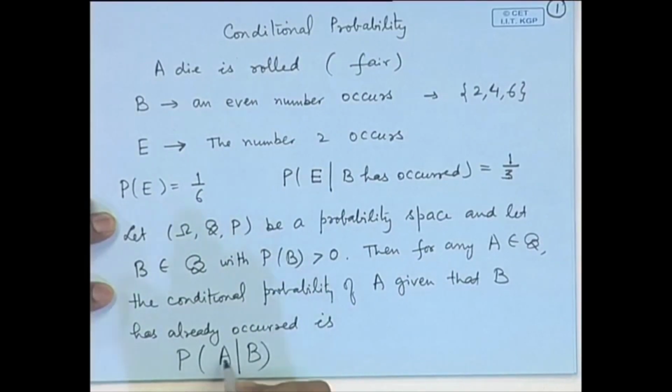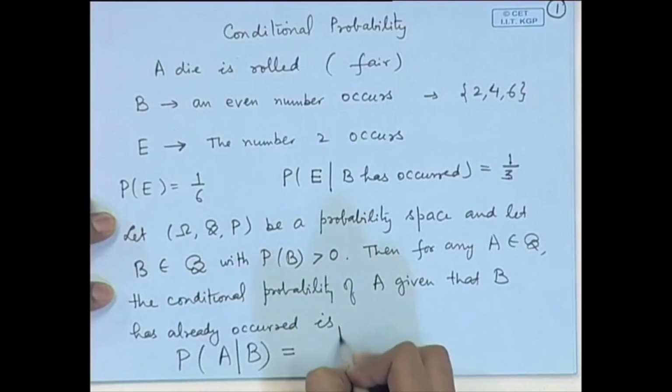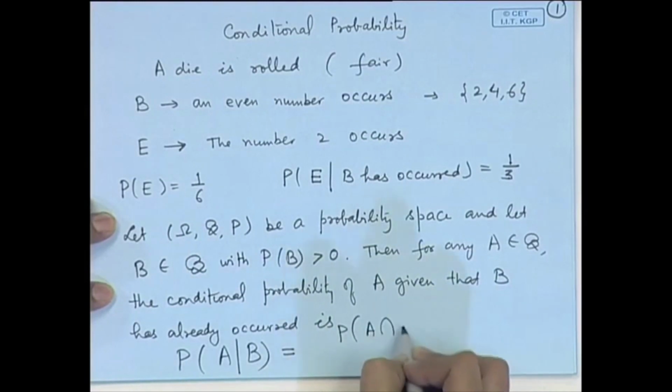This is the notation. It is defined as the probability of A intersection B divided by the probability of B.